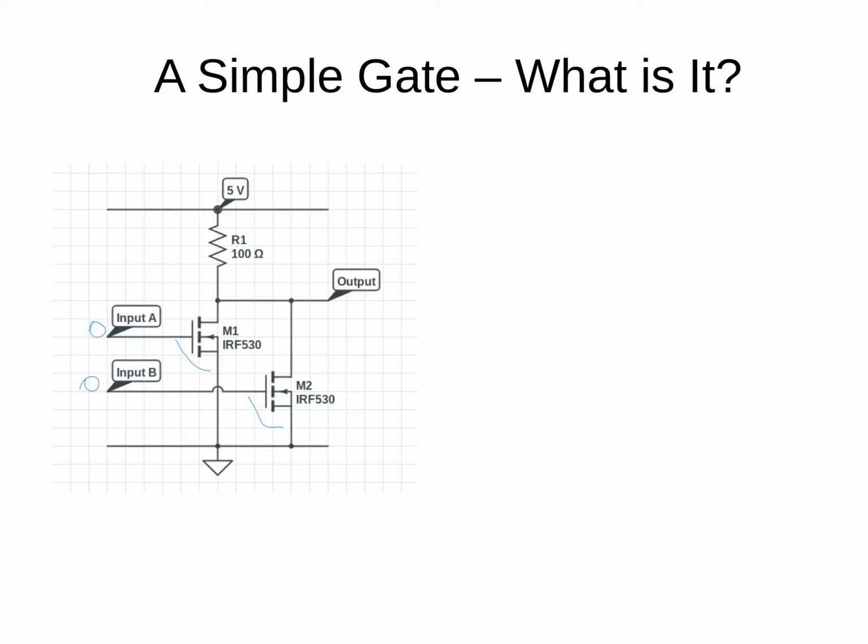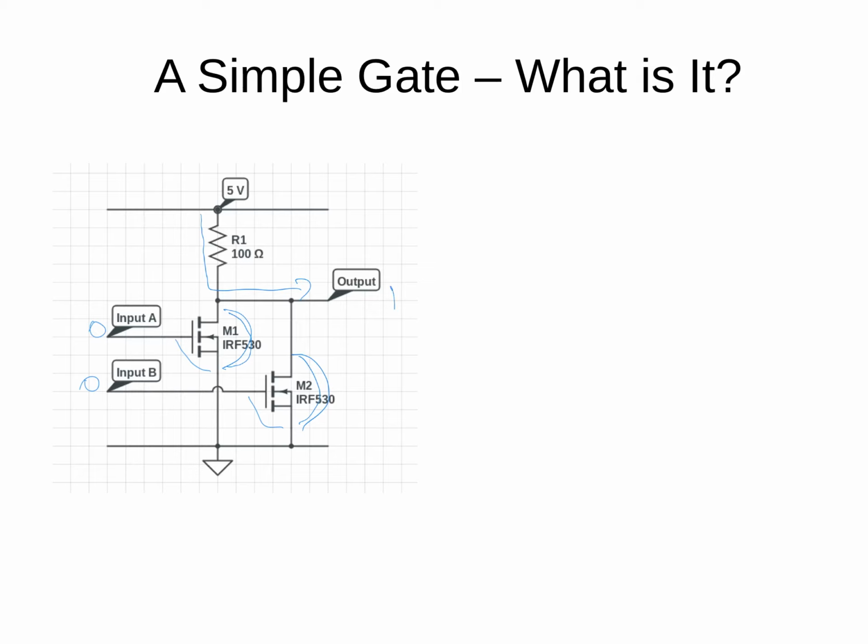In other words, the resistance between the source and the drain is going to be very high. That's what it means for a FET to be off. So if the resistance from here to here is very high and from here to here very high, then all of our current is going to flow down here and through to the output. So the output is going to be 5 volts, or in other words, a logic 1.